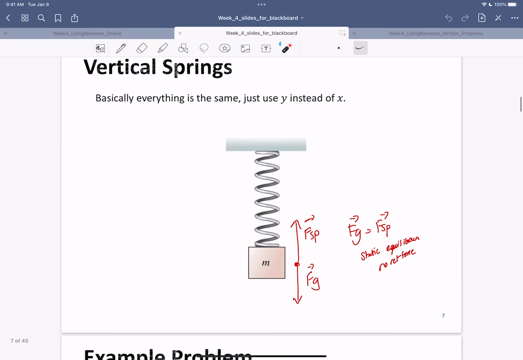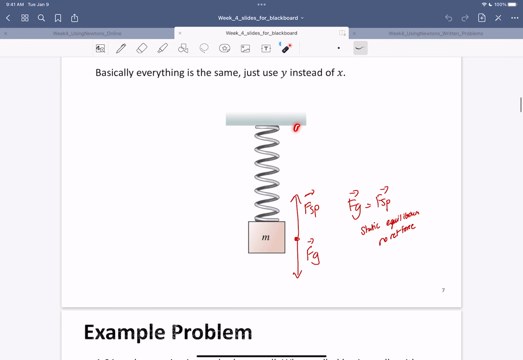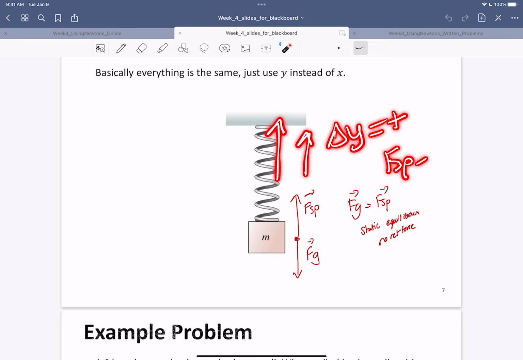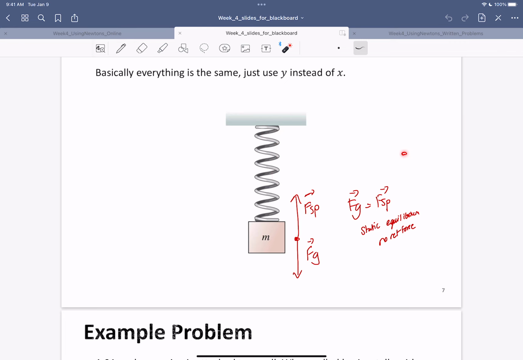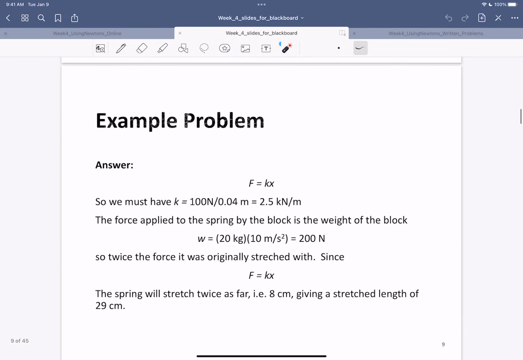So if your delta y right here, you're pulling it downwards, so your delta y is negative, right? Then the restoring force is going to be positive to oppose that. If I'm pushing inwards, my delta y is positive, then the restoring force has to be negative to oppose that. So it's just dependent on the sign for your delta x or delta y.